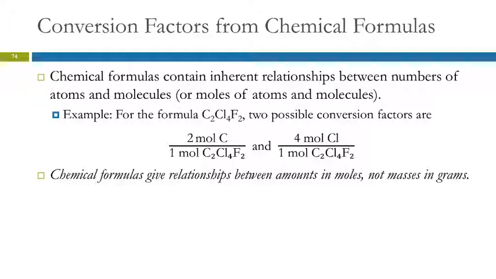If we look at this formula, C2Cl4F2, in 1 mole of this compound, 1 mole of C2Cl4F2, there are 2 moles of carbon, because that's what the formula says. In 1 mole of that, there are 4 moles of chlorine. We could also write one for fluorine, right? So it'd be 2 moles of fluorine per 1 mole of the compound.